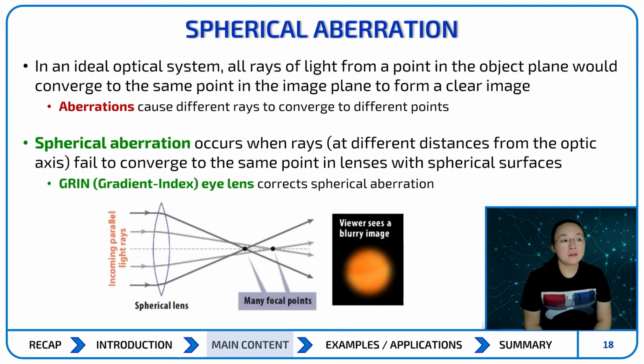In an ideal optical system, all the rays of light from a point in the object plane should really converge to the same point on the image plane.